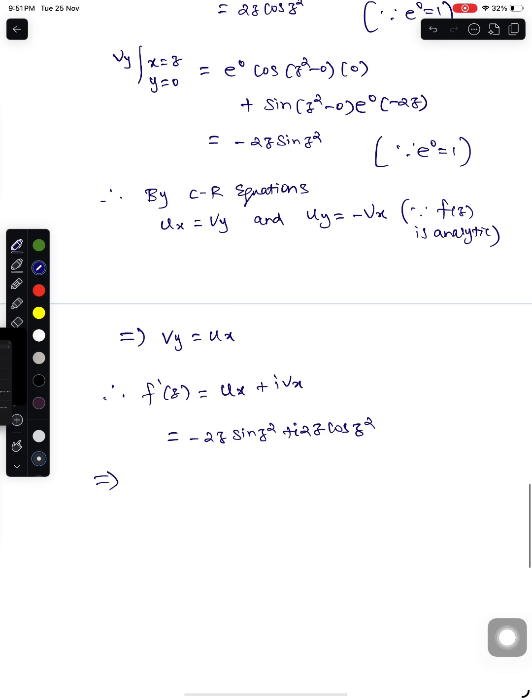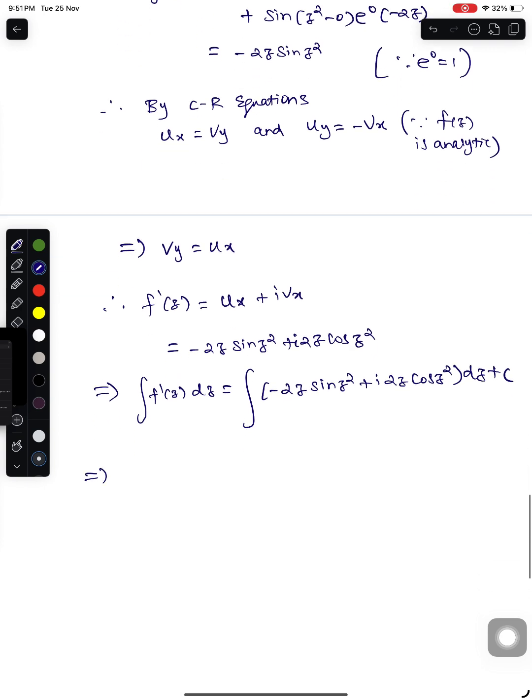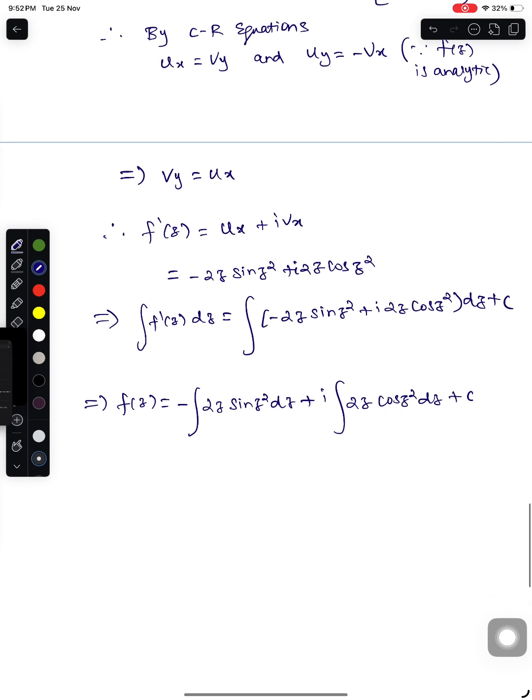Okay. Now we will integrate on both sides with respect to z. So I'm just putting the integral sign on both these functions. Right. Now when you integrate f dash of z you get f of z, and you can take the integrals separately: minus integral 2z sine z square dz plus i into integral 2z cos z square dz plus c.